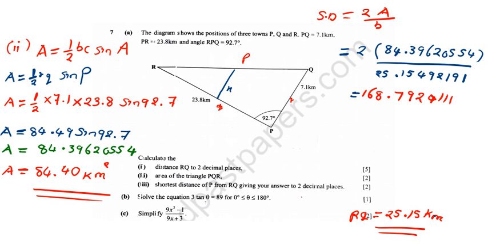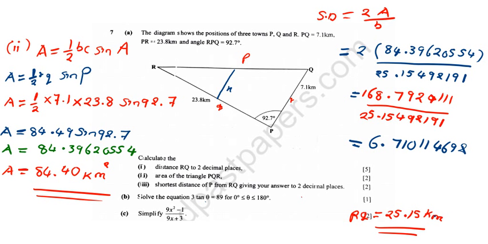168.7924111, and I divide by 25.154929191. So when I divide, I'm getting 6.710114692.